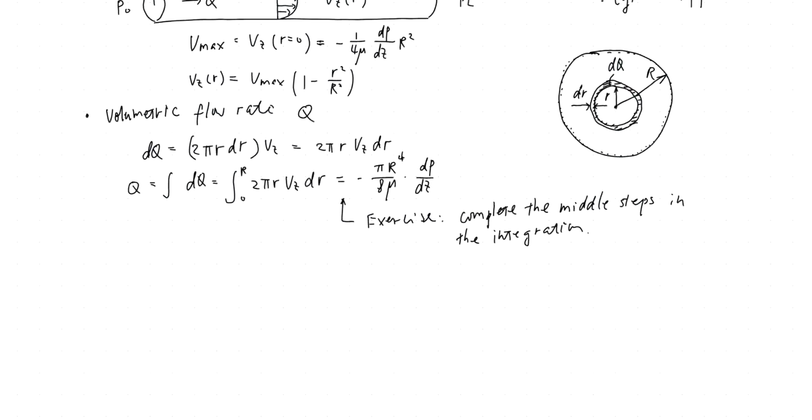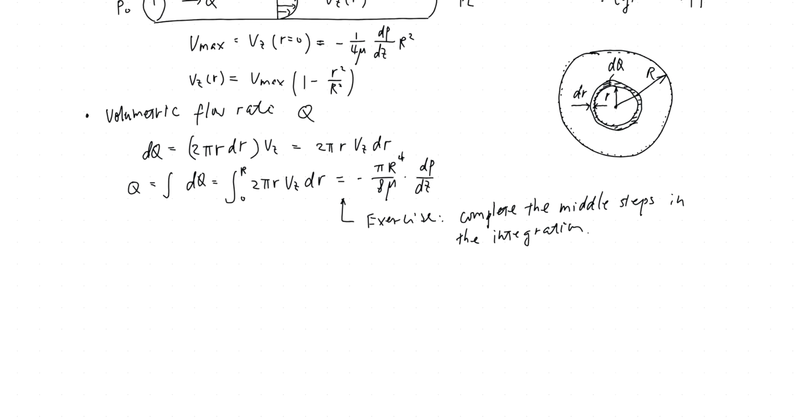Now, these don't look friendly because you still have a derivative, and sometimes people are afraid of looking at the derivative. And there's also a minus sign. So let's fix this. We know that the pressure is linear. If it's linear, it's easier to handle.